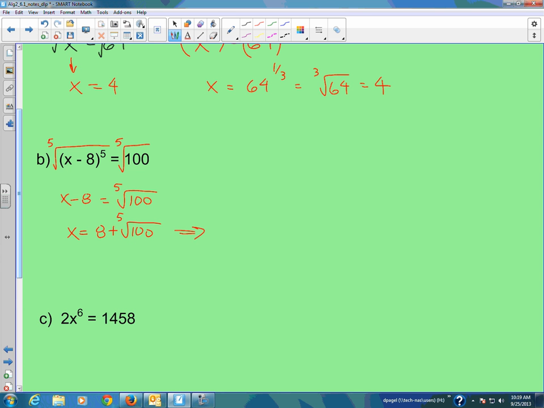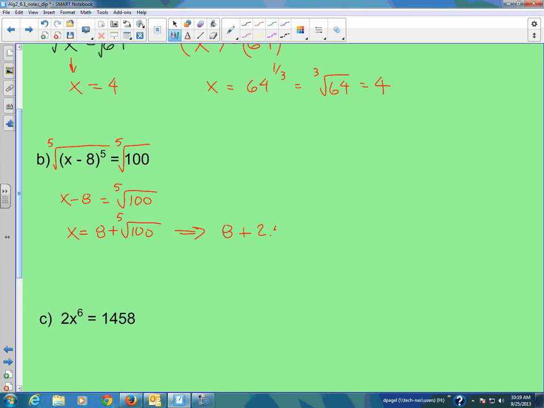Or you could convert it. The 5th root of 100 is roughly 2.5. So again, I'm going to practice putting this in the calculator here. We're going to do the 5th root of 100, and we get 2.5118.